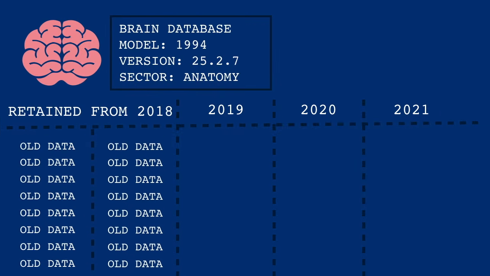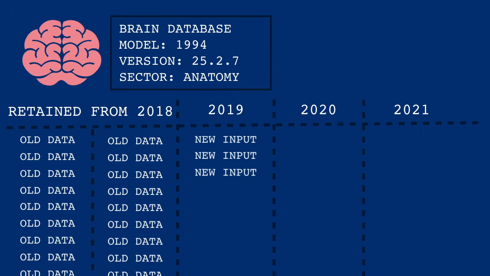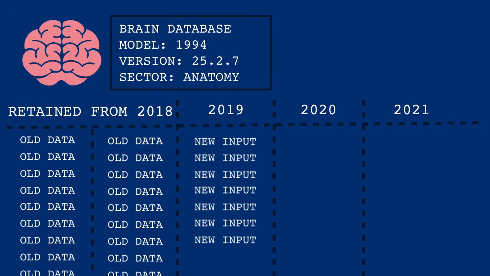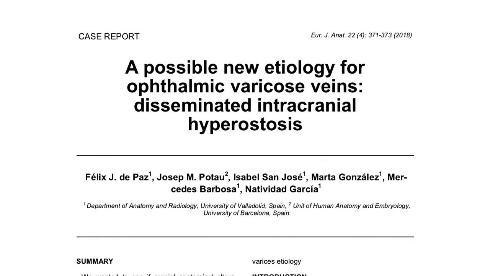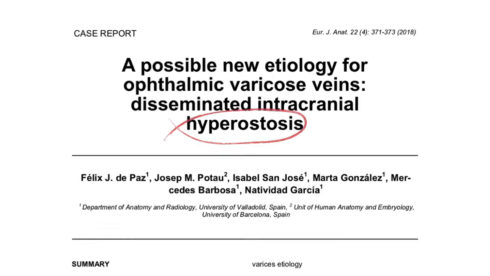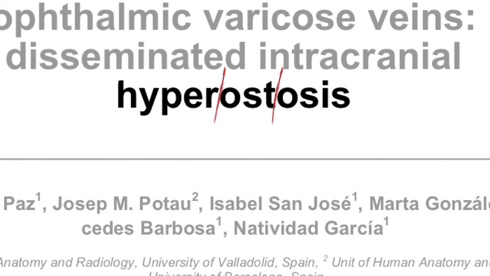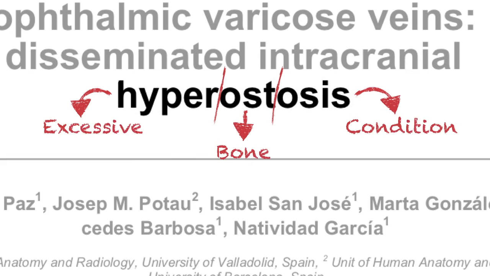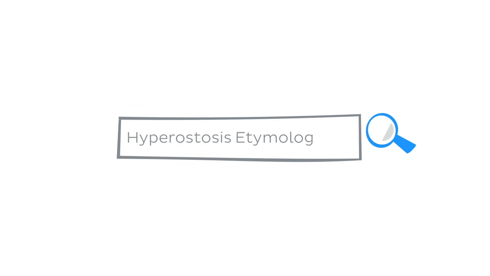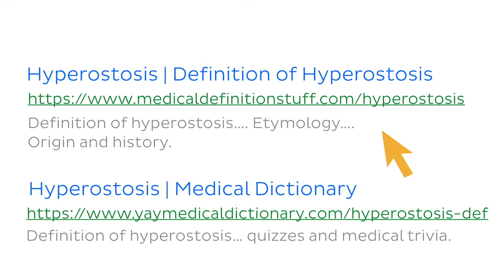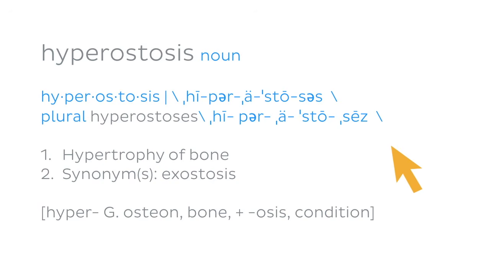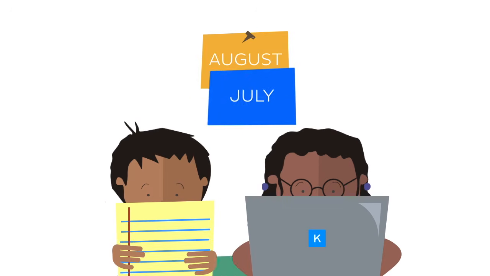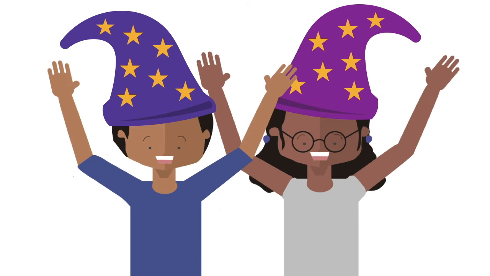The key going forward is to keep adding new word parts to your terminology database. When you encounter new terms which you are unfamiliar with, try to break them down into recognizable word parts, or look up the etymology of the word to see the origin of the term as a whole. Doing this over time is what will help you become a terminology wizard.